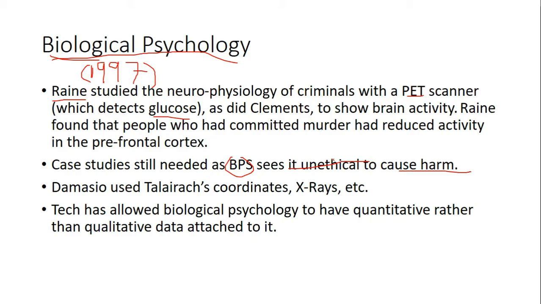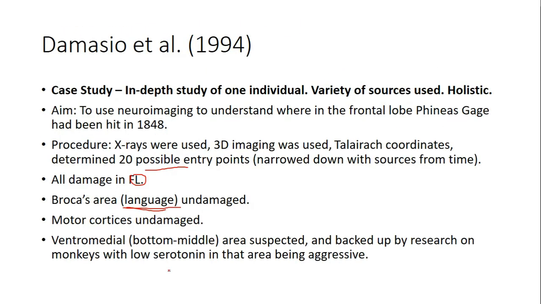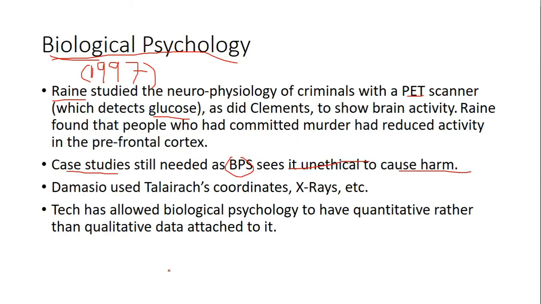We couldn't just bash someone in the frontal lobe and then study them, because that would be unethical. It would be causing harm. So case studies are still needed. And if you remember, a case study is an in-depth study of one individual or one situation, and the BPS sees it as unethical to cause harm, so that's why we still need case studies.